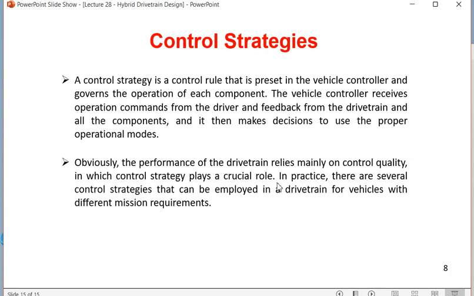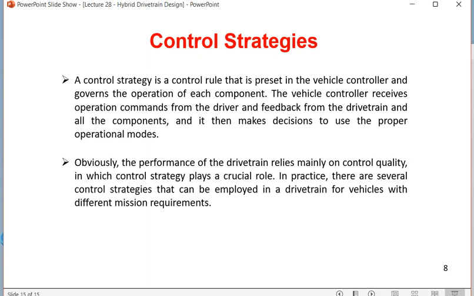Control strategy is one thing and quality of control is another thing. Sometimes we decide the control strategy but the quality of the control is poor, and we are not able to control the power demanded by the driver. So with strategy there should be control quality also.